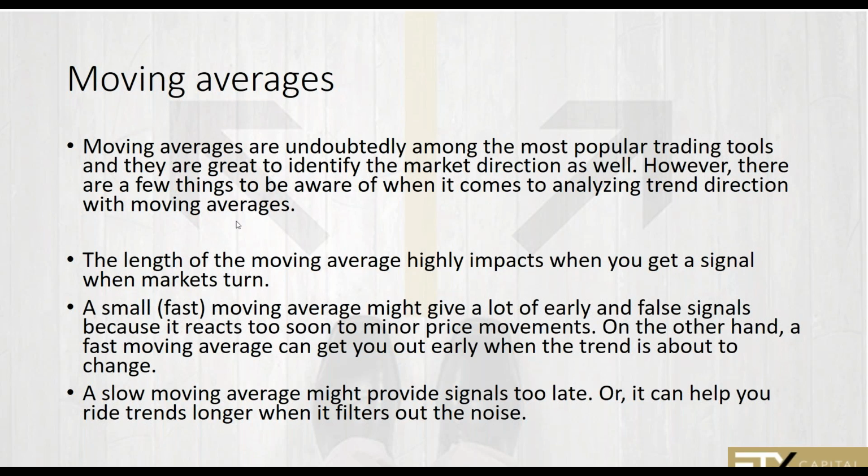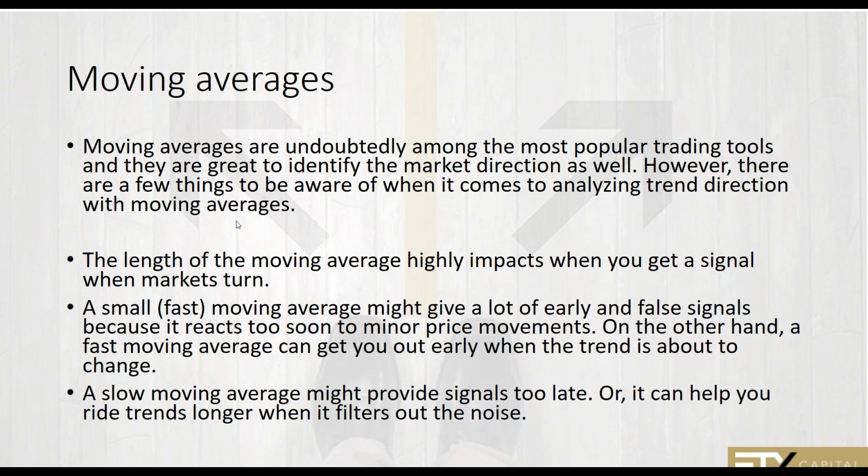Moving averages are undoubtedly among the most popular trading tools, and they are great to identify the market direction as well. However, there are a few things to be aware of when it comes to analyzing trend direction with moving averages. The length of a moving average highly impacts when you get a signal that markets turn.